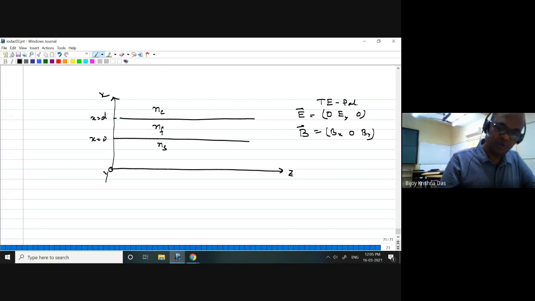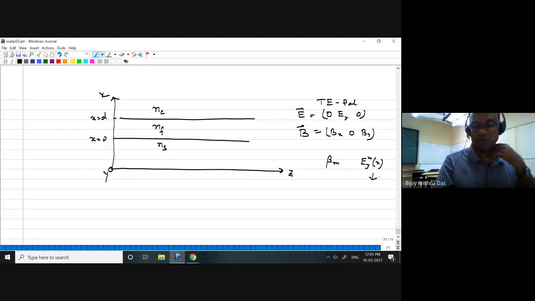We know their solutions, and we know how to solve for guided modes. We know how to solve for beta m, and we know how to solve for the electric field distribution. This profile we have to calculate from the boundary condition.